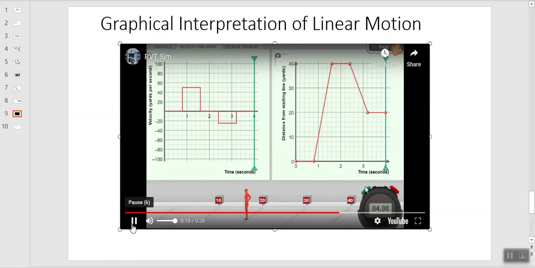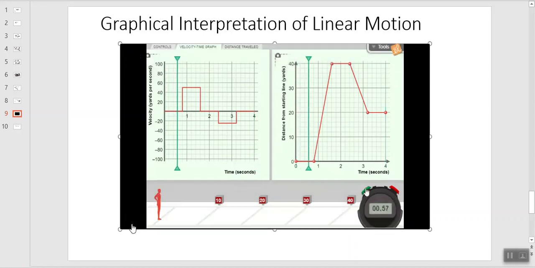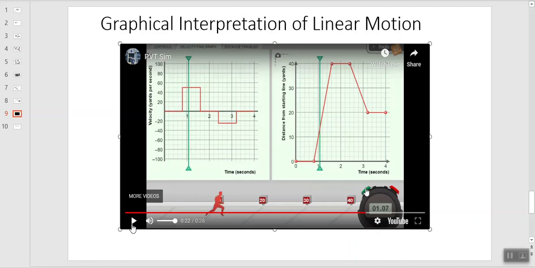Let's find out. There you go. So what happens if the object is moving at a constant velocity? You see that the line is a horizontal line above zero. So that is how we represent the motion graphically in terms of velocity.